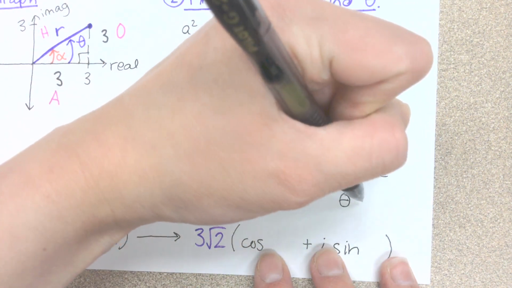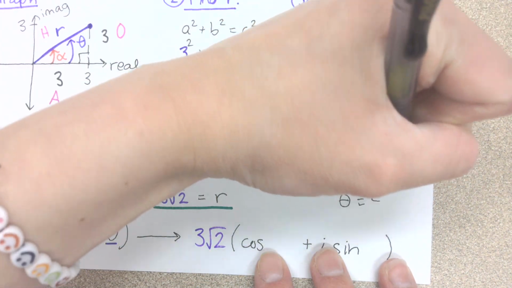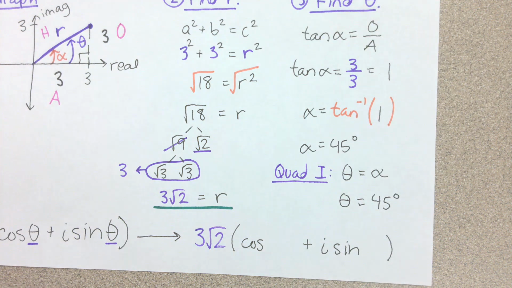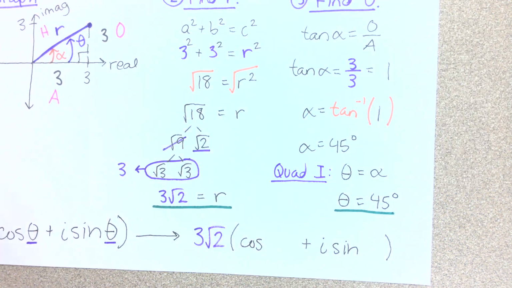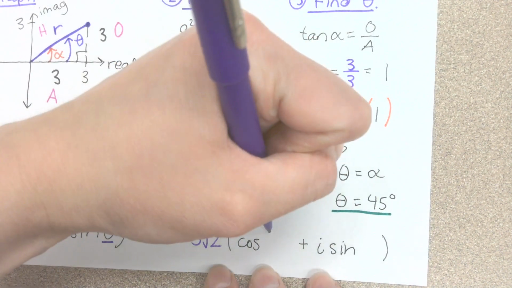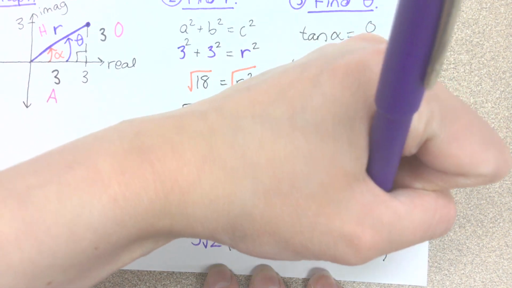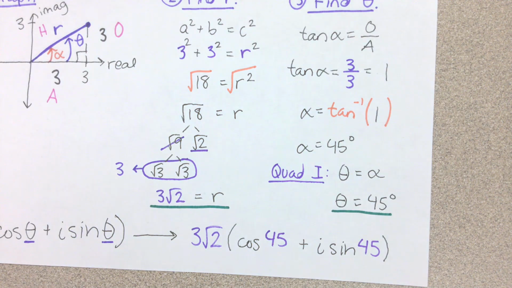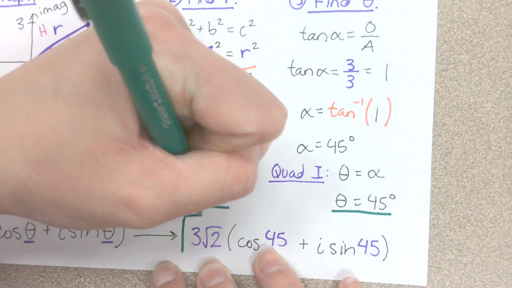So since alpha is 45, theta is also 45 degrees. So then we can fill in for cosine and sine 45, since that is the value of theta. This is our answer.